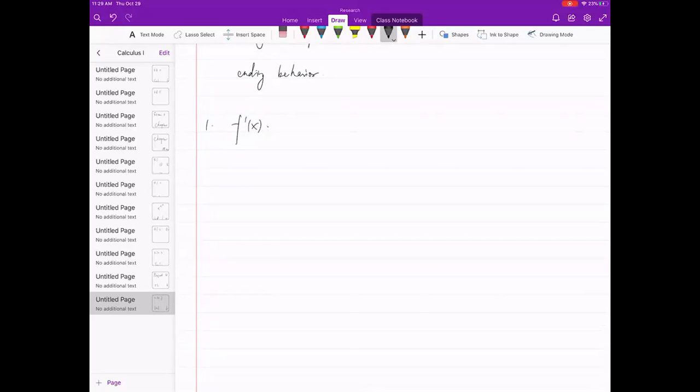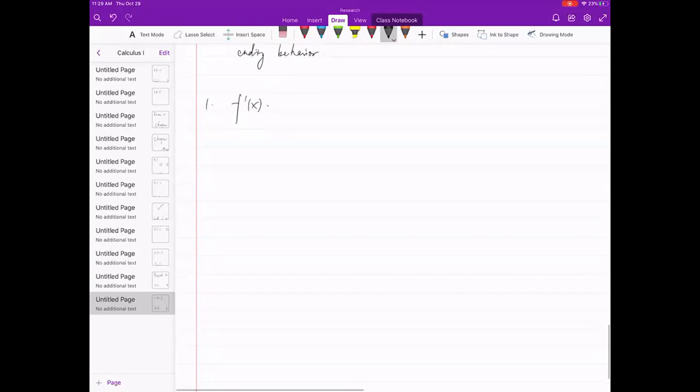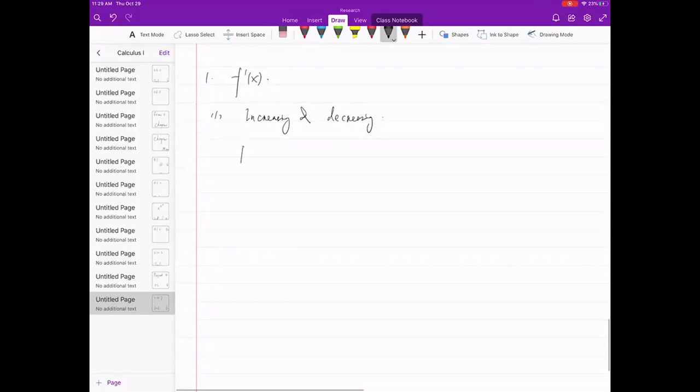So first, what information can you get from f prime x? Number one, increasing and decreasing. How do you do it? Quite simple. F prime x bigger than 0, increasing.